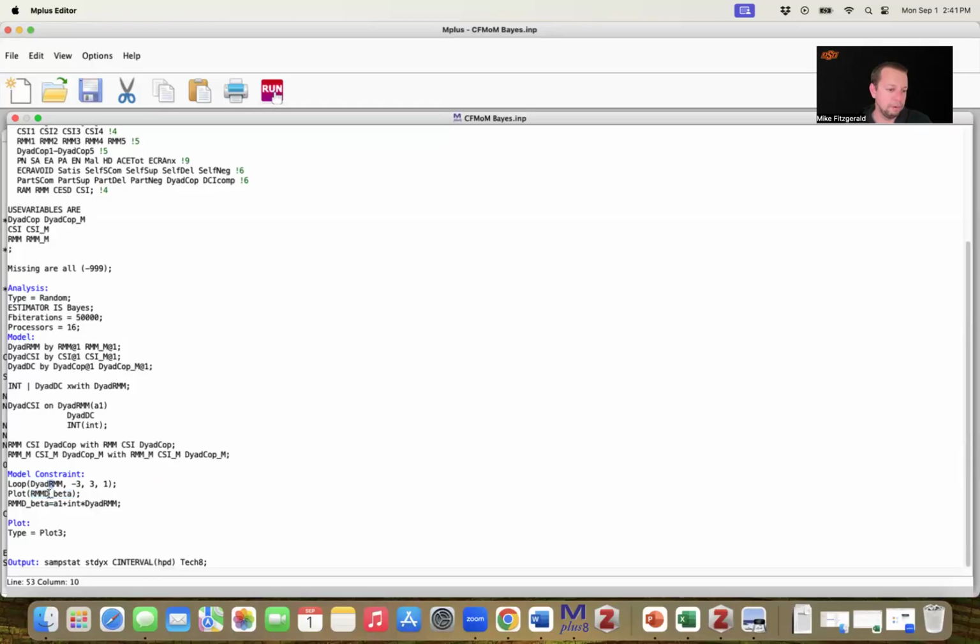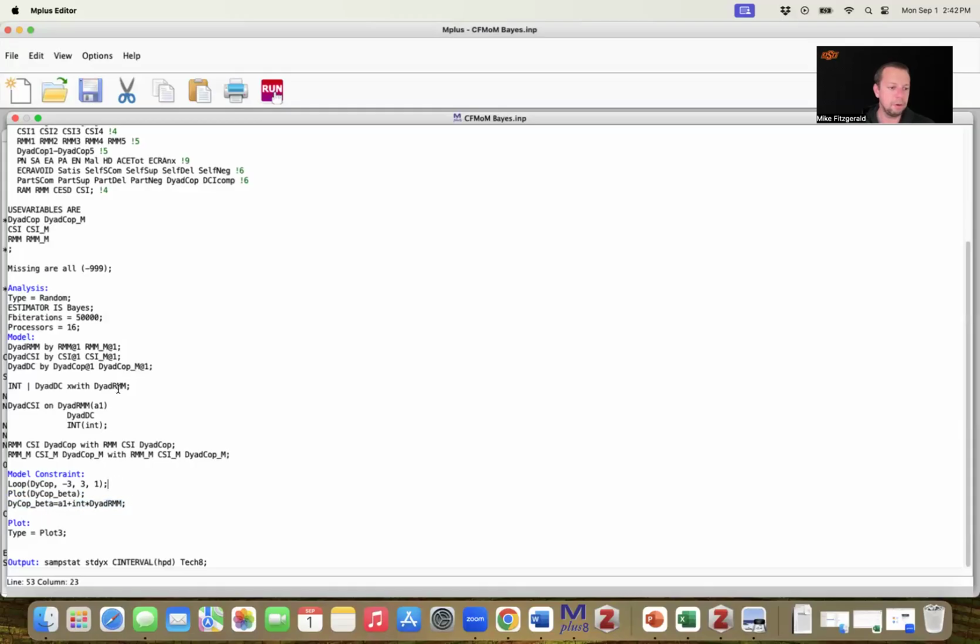And so actually it'd probably be more accurate to do cop, all right? And then what we're doing is we're creating that. So actually, we're going to do this, changing up the names to be consistent. All right. We're going to plot this dyadic coping beta across varying levels of relationship mindfulness.